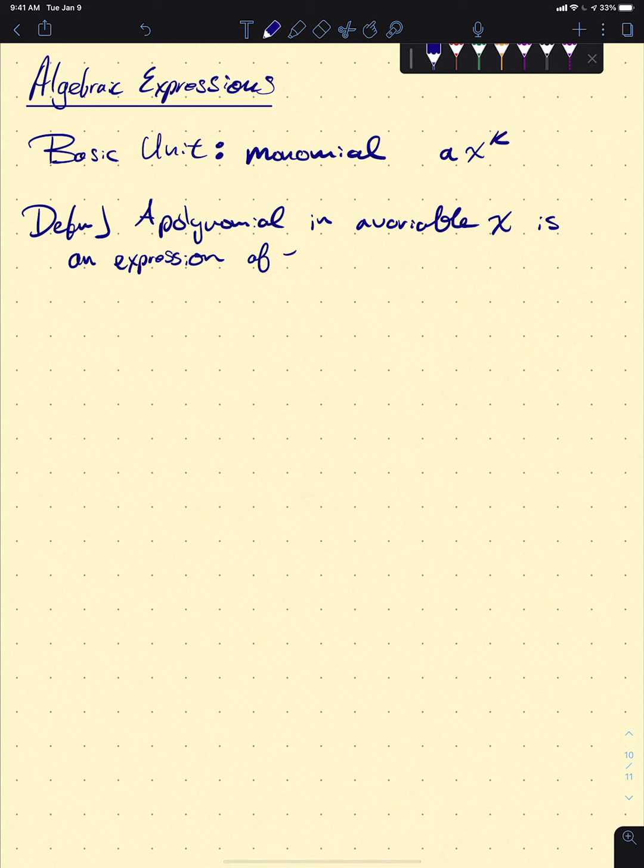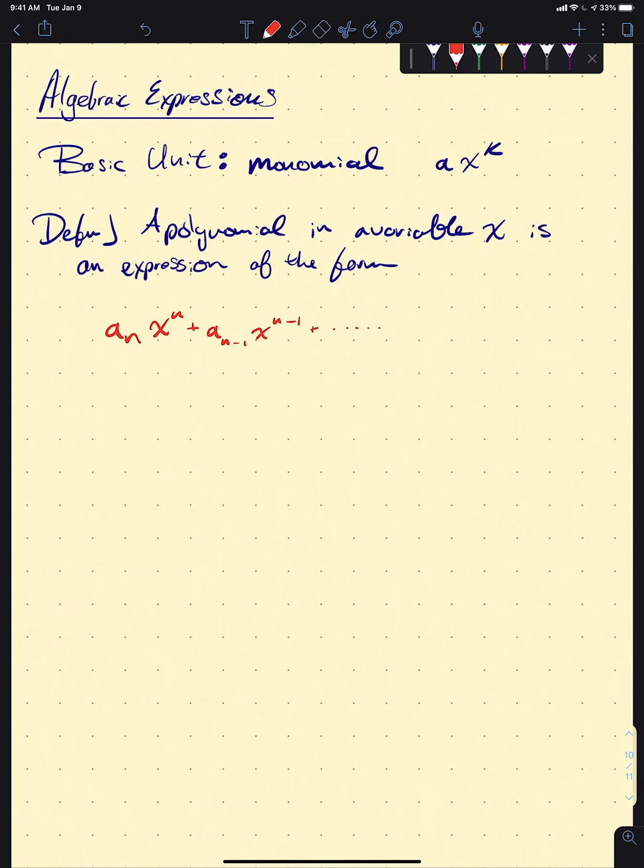is an expression of the form, and it looks like this. I'm going to use a different color. It looks like a_n x to the n plus a_(n-1) x to the n minus 1 plus, and so on and so forth down the line to a_2 x squared plus a_1 x plus a_0.